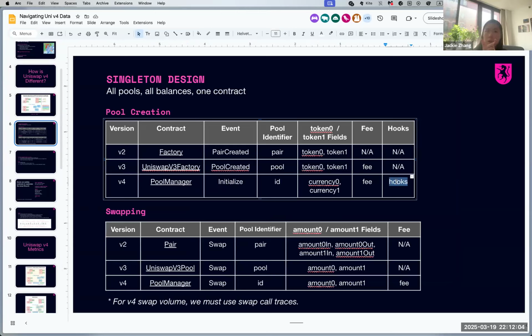So whatever metric events you're doing, you need to join that back with the pool creation, this initialized event, and grab the hook associated with it. Hopefully that makes sense. I have some example queries linked in the guide. You can also DM me, I'll send you the query.